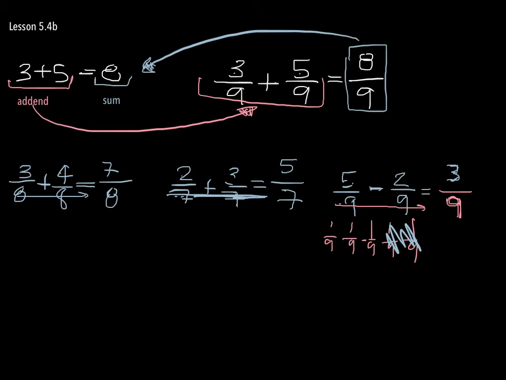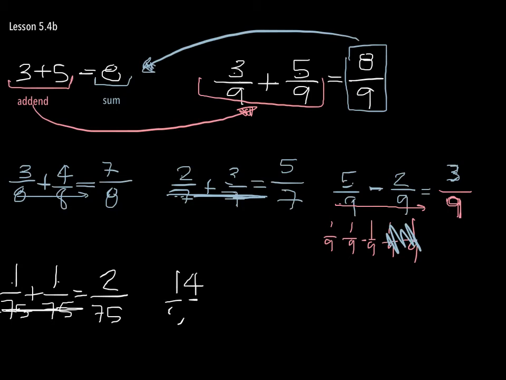Let's look at a couple more problems. 1/75 plus 1/75. We're going to get, well, fraction bar, fraction line, 75 is our language. 1 plus 1 is 2. About 14/50. Oh, why is this not working very well right here?